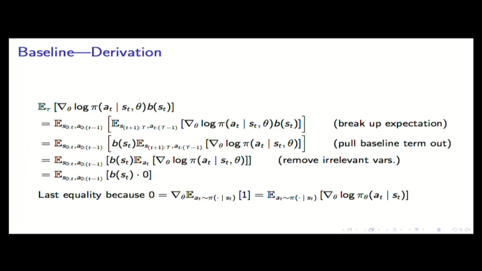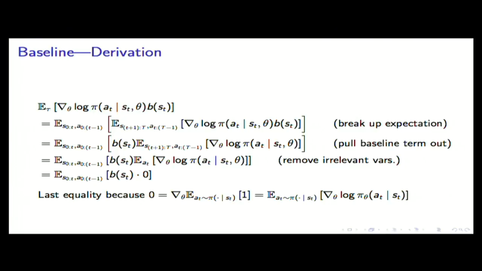Just consider one of those terms, grad log probability times the baseline. These are the terms we introduced by adding a baseline, and I'm going to show that the expectation of this term is 0. First, break up the variables you're integrating over in the expectation: the variables that get sampled before a sub t, and the variables that get sampled after or equal to a sub t.